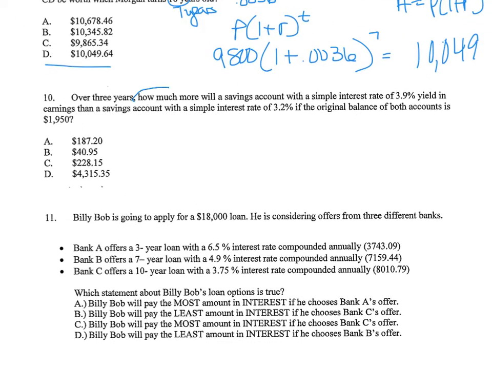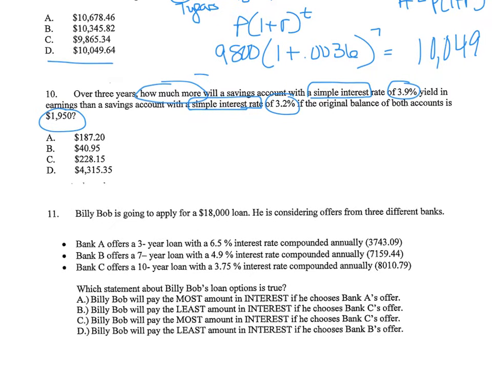How much more, here we go again, we're going to subtract, will a savings account with a simple interest rate of 3.9% yield in earnings than a savings account with a simple interest rate of 3.2% if the original balance is $1,950 over 3 years. So we want to do simple interest with 2 different percentage rates, and it says how much more, so we're going to subtract. So I'm going to do the same formula for both.